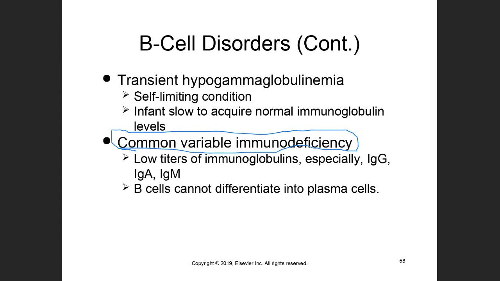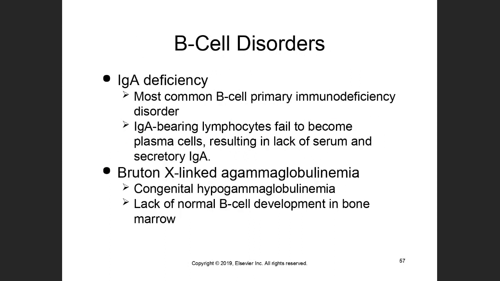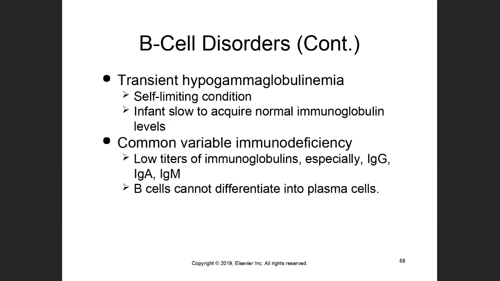Common variable immunodeficiency is similar to this one, okay. The only difference is that in common variable immunodeficiency, you develop the disease in the early 20s. And it's characterized by low levels of all the immunoglobulins, okay?